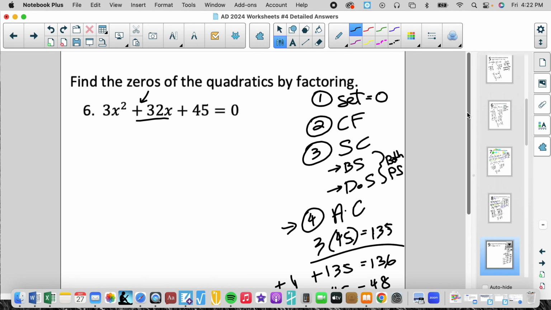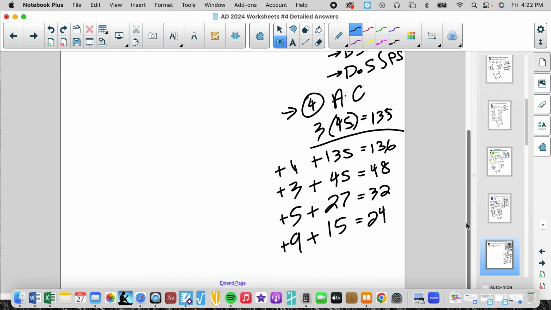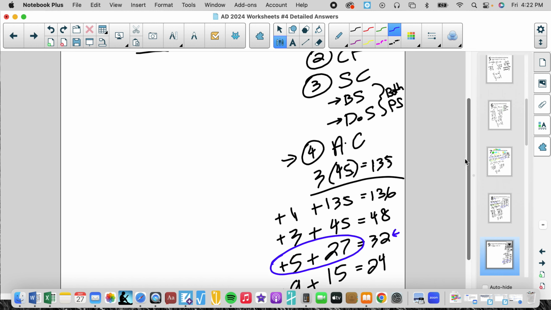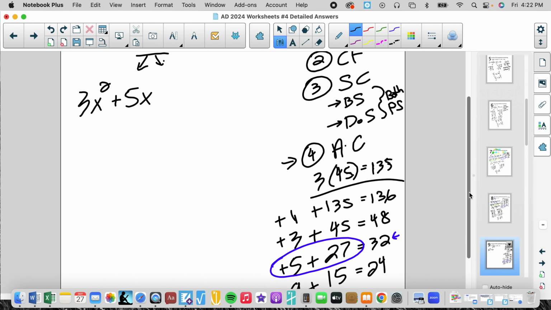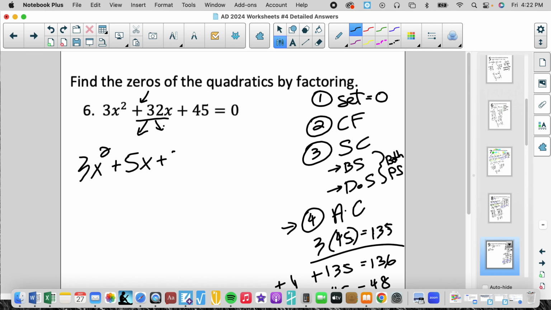Which one of those is equal to my middle? 32. So that's my middle. I'm going to break it into those two numbers, 5 and 27. So I have 3x squared plus 5x plus 27x plus 45 equals 0.